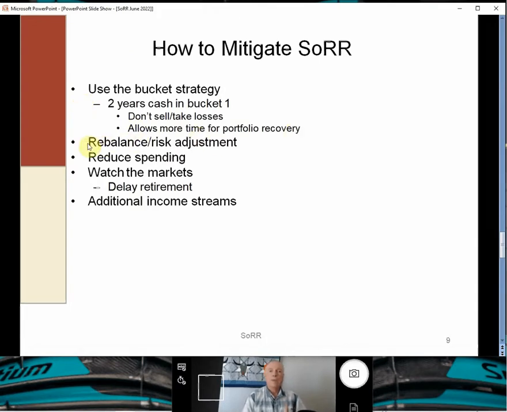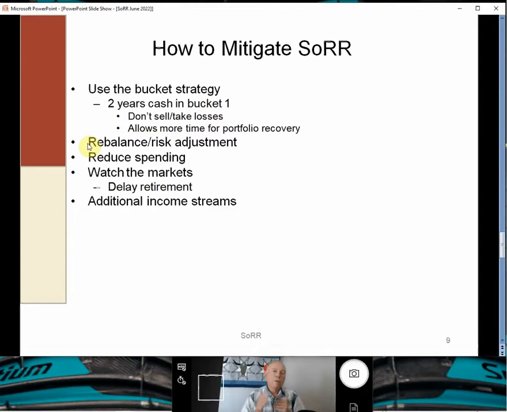Another thing is that if you do experience these investments going down, don't lose sight of the fact that you should always rebalance your portfolio, because if investments go down, then that ratio of 60-40 may become more like 40-60, equities versus fixed income. You always want to keep the amount that you have in your equities at your target rate, what your asset allocation target rate is.